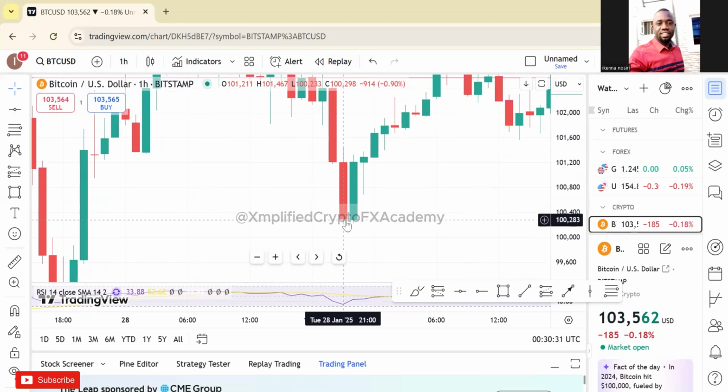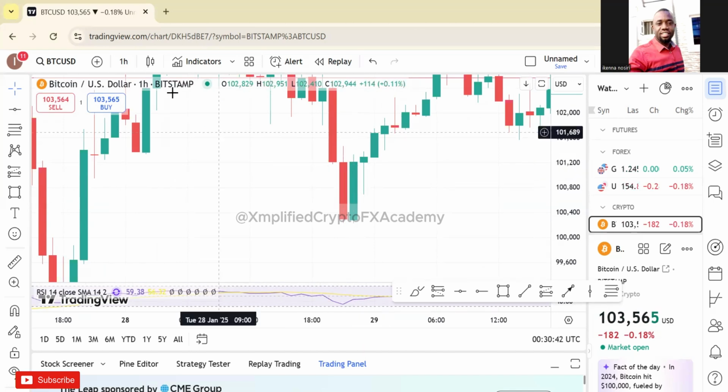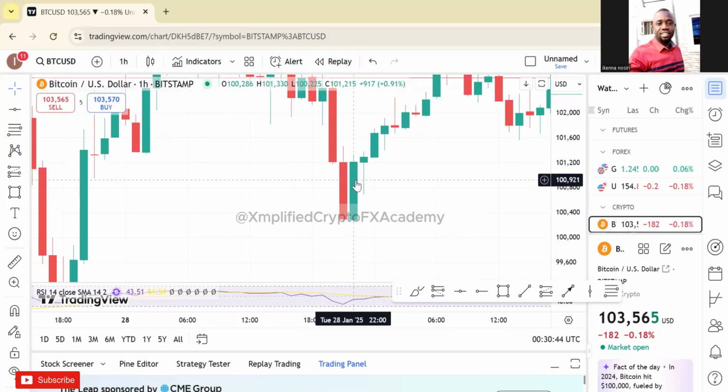They bought and bought and bought and later closed there. So nobody won. Sellers did not win, actually the previous session they won, but there was support coming from the buyers, giving us an equal fight.